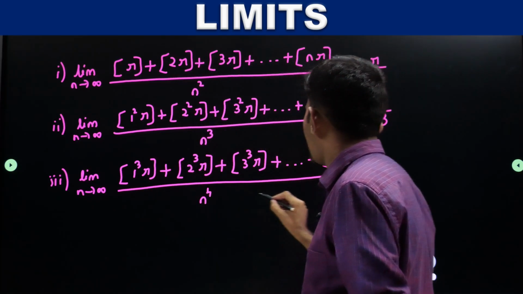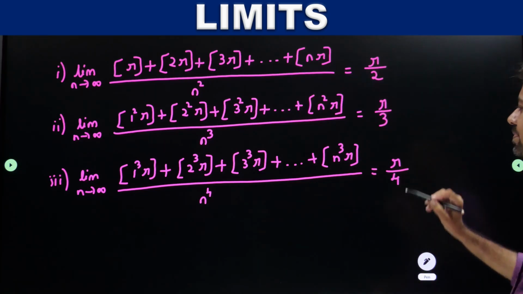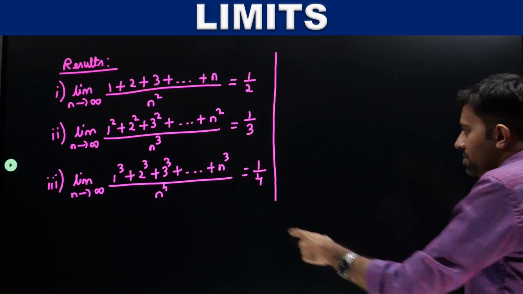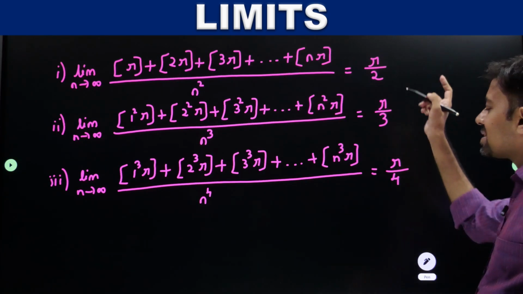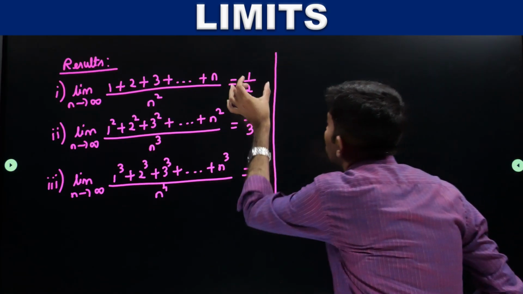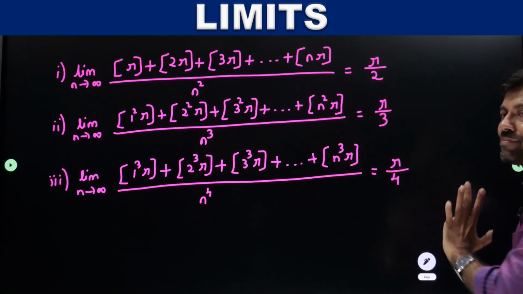The answer is going to be r by 4. This is comparable to the previous one. Hope it's clear how to remember. The answer in this case is 1 by 2, 1 by 3, 1 by 4. Here the answer is r by 2, r by 3, r by 4.